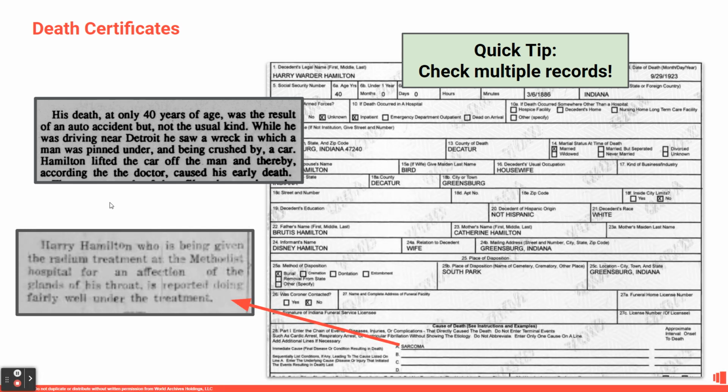And then I found a newspaper article that indicated that around the time that he passed, he was at Methodist Hospital in Indianapolis being given radium treatments for glands on his throat. He died of throat cancer. So I think this is a great way to pull information and to make sure that your stories are accurate based on the information you find for them.